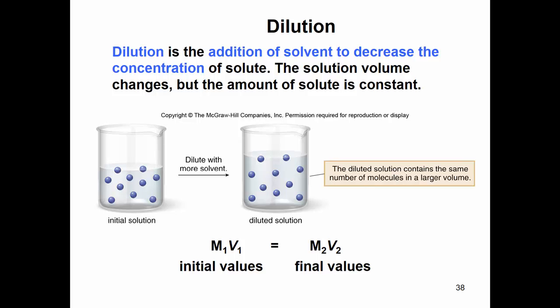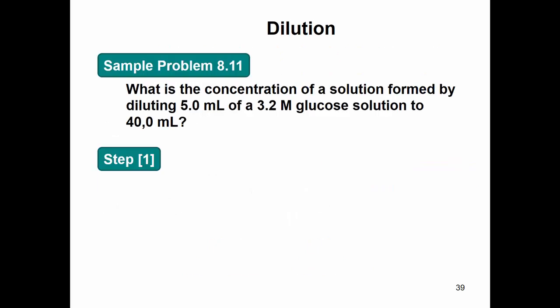Okay, 1s are initial values and 2s are final values. M is for molarity, which we discussed in the previous video. V is for volume. If you're given V1 and V2, you can use milliliters or liters, but be consistent. Don't use milliliters and then use liters.